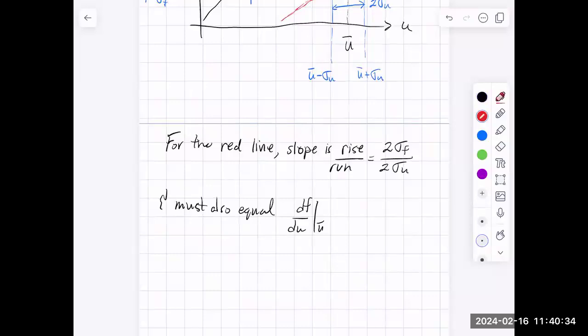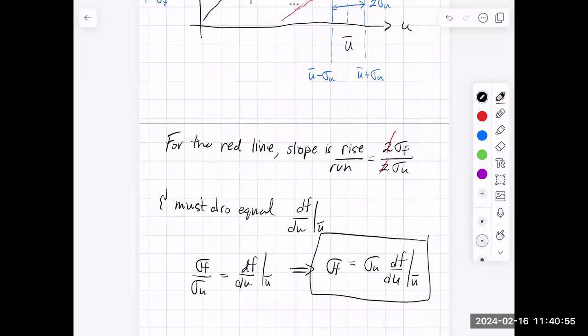And so, of course, we can cancel the factors of 2. And therefore, sigma f over sigma u is equal to df du at u bar, or sigma f is equal to sigma u df du evaluated at u bar. And so there we recovered the same thing that we got from the Taylor series expansion.